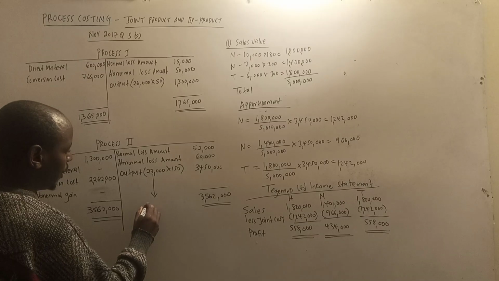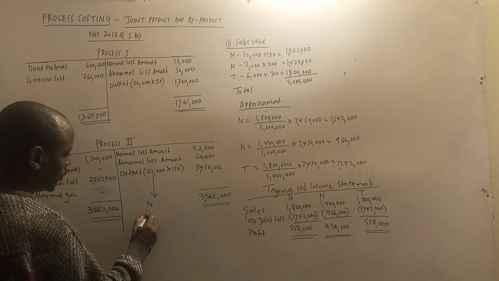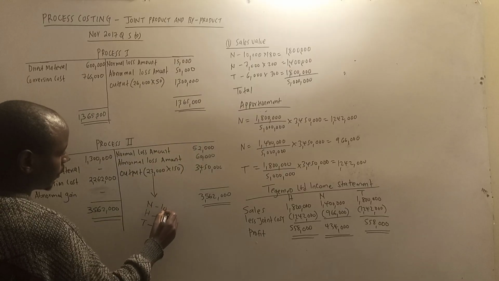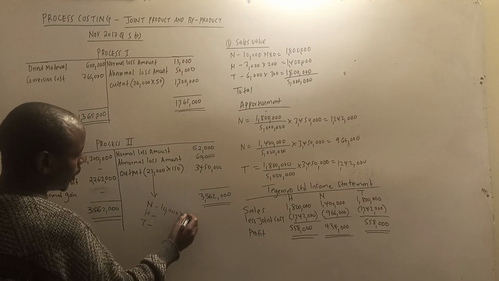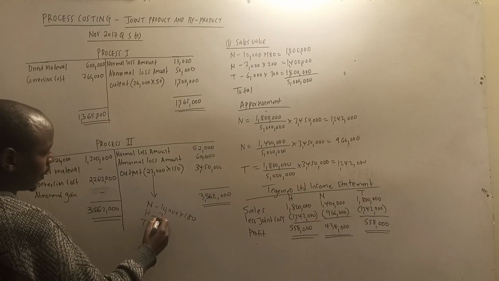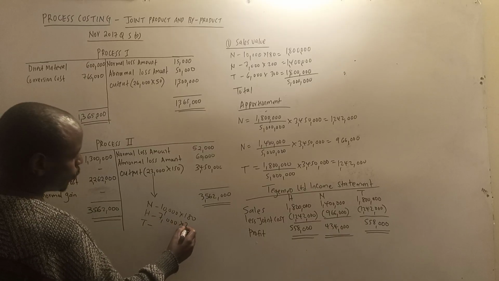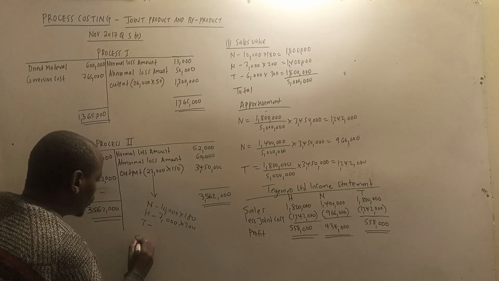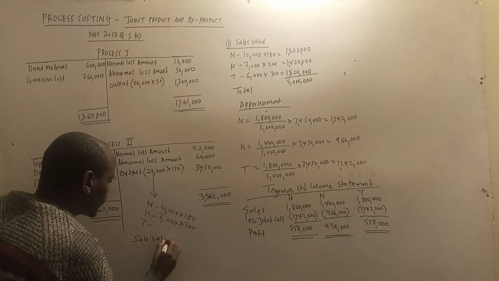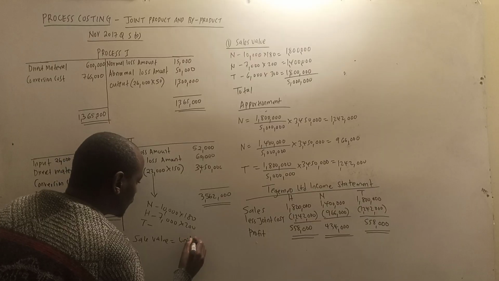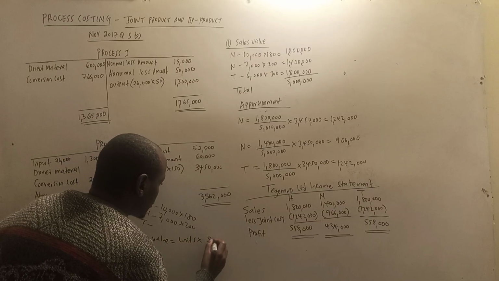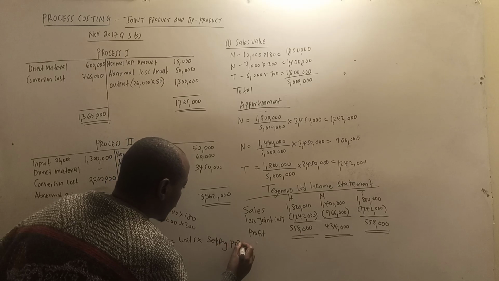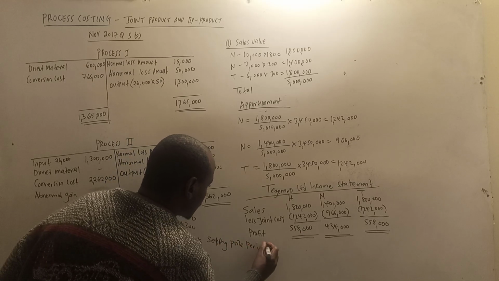It was made up of N, H, and T with their values, 10,000 for example, the first one times 180, and then 7,000 times 200. For you to get the sales value, you take the units times the selling price per unit.